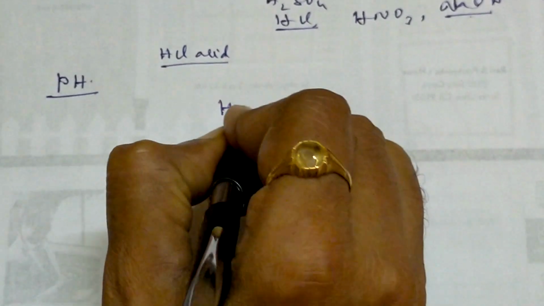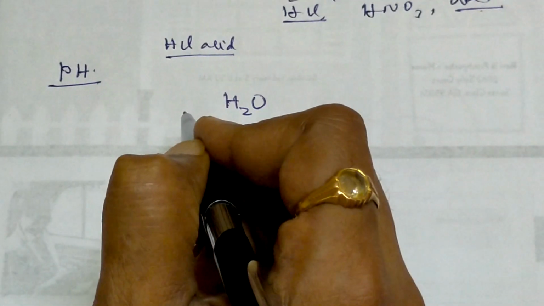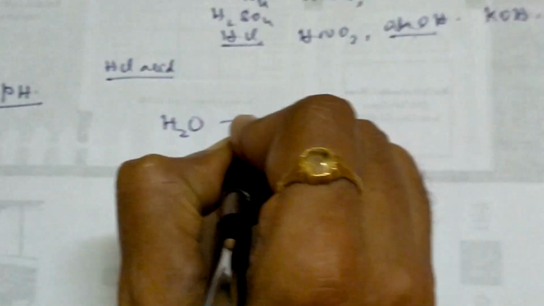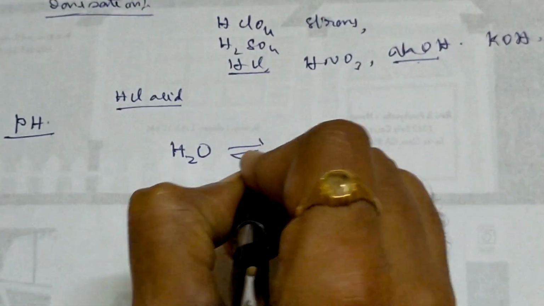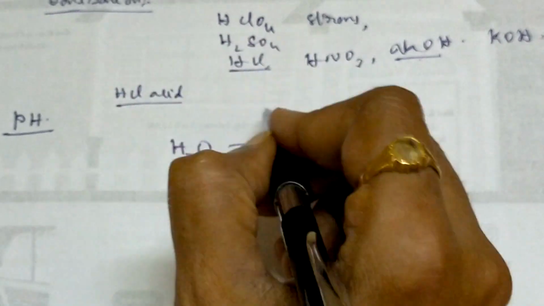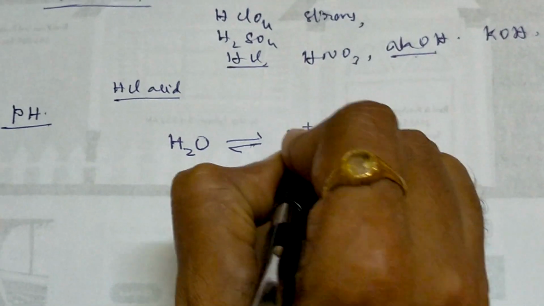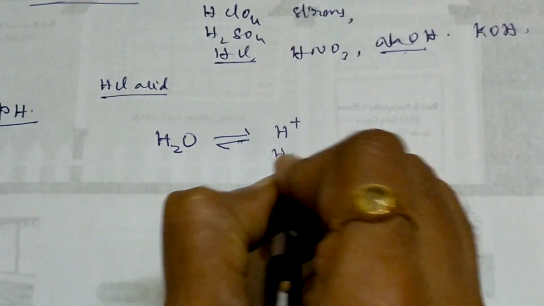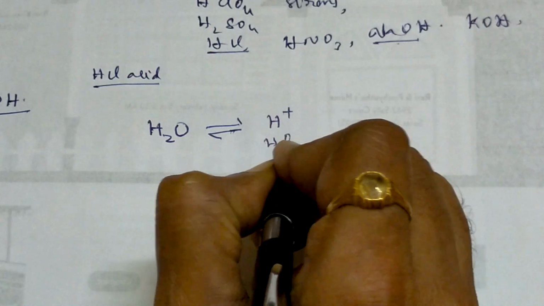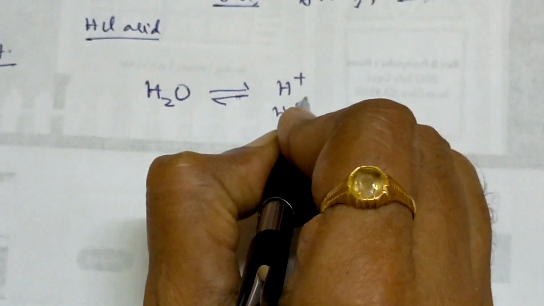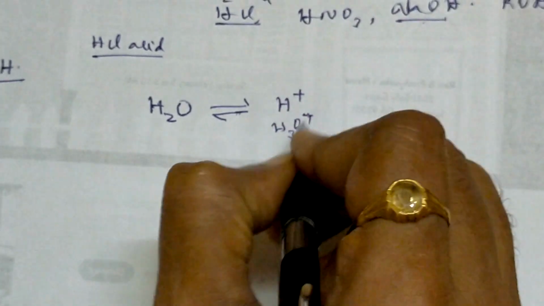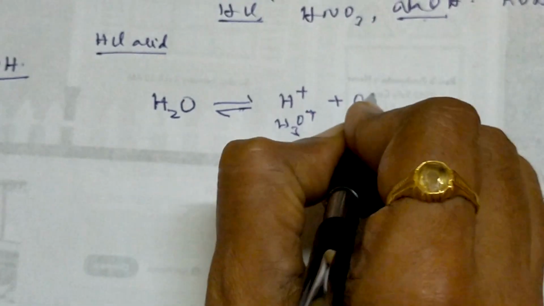H2O is a liquid which sometimes acts as an acid, sometimes as a base, and dissociates into ions itself, H plus, or some people say H3O plus, and OH minus.